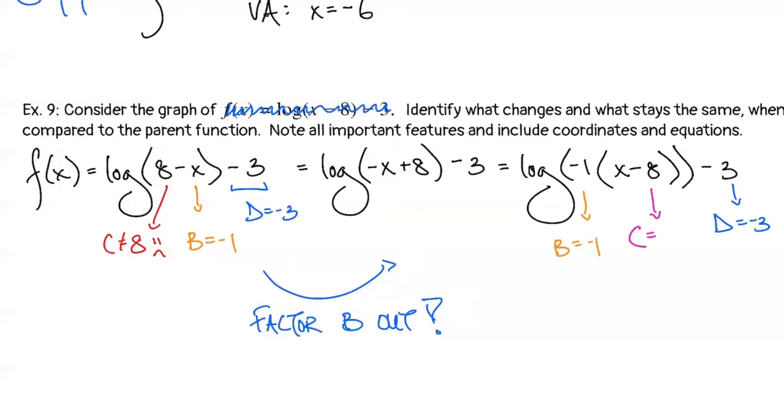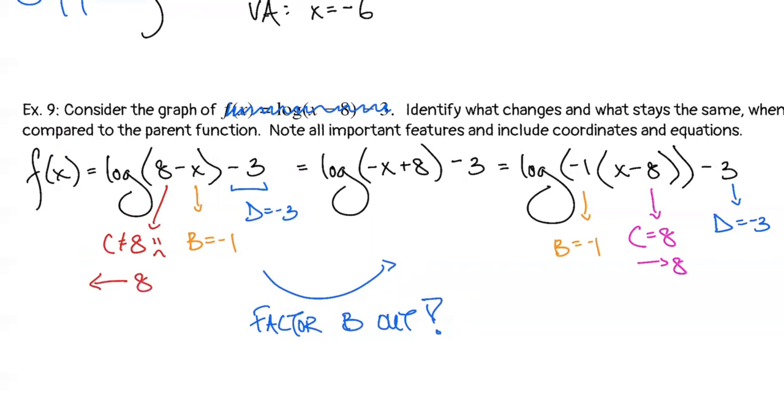In particular, which direction is that? Yeah, C is going to be our 8. We're moving this to the right 8 units, right? This means we go to the right 8 units. But look at what we had before. If C was that +8, we would have moved it to the left 8 units.